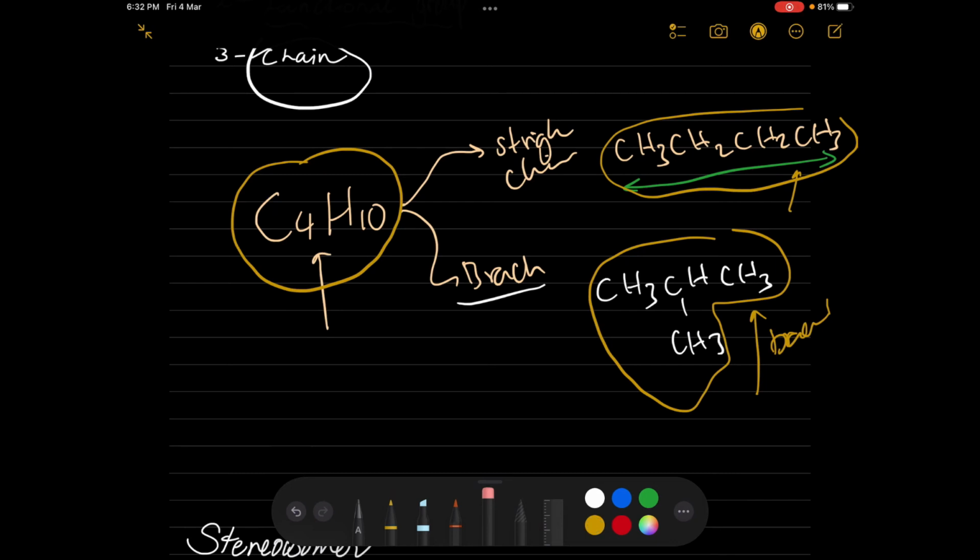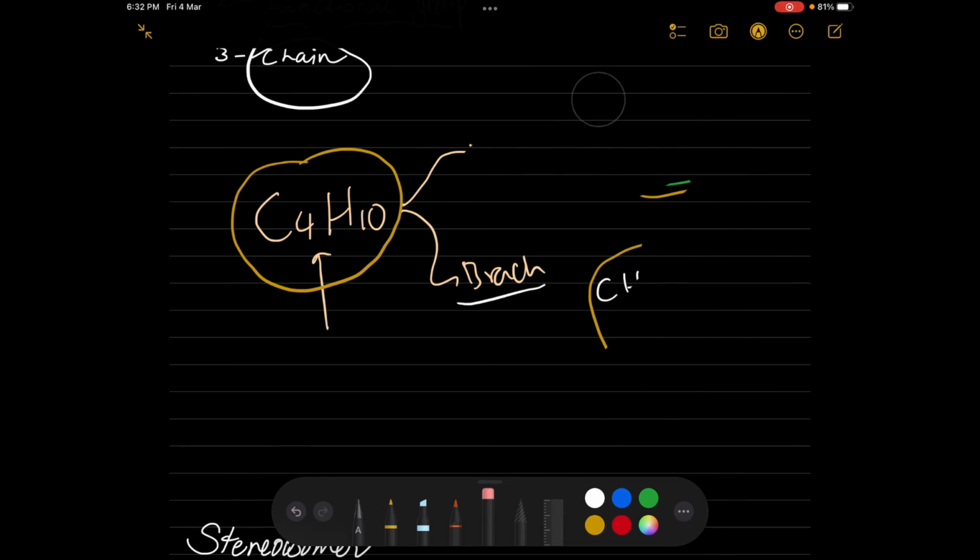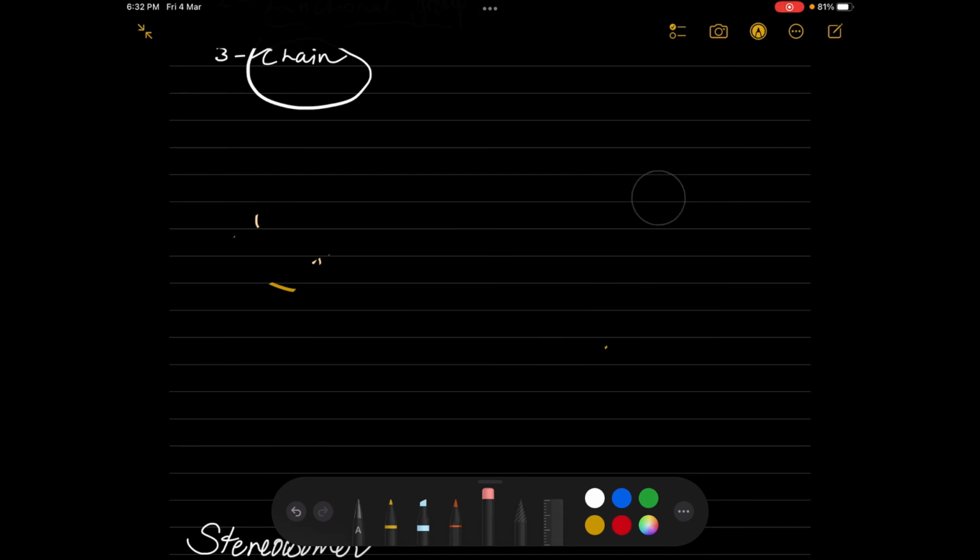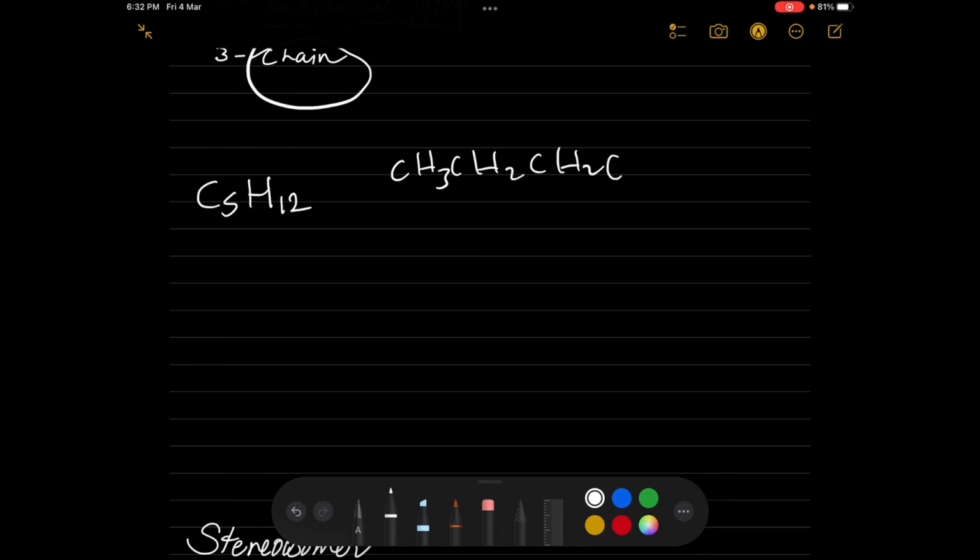I'm going to erase all of this and give you another example that explains my idea well. If you have C5H12, which is an alkane, I can draw this in the form of CH3, CH2, CH2, CH2, CH3. As you can see, we have 5 carbons: 3, 4, 5.